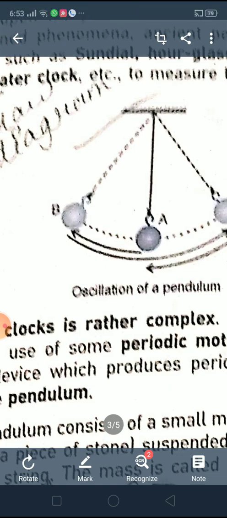This is called to and fro motion. The to and fro motion of the swing of the pendulum is known as oscillatory motion or periodic motion.